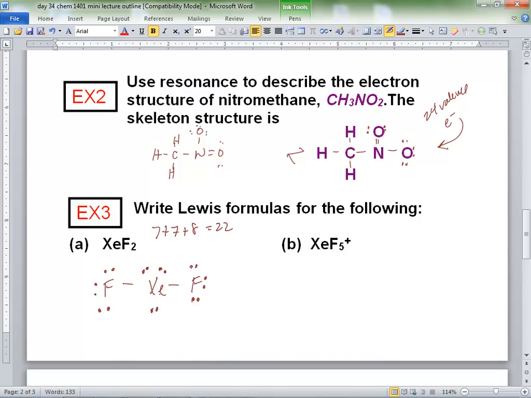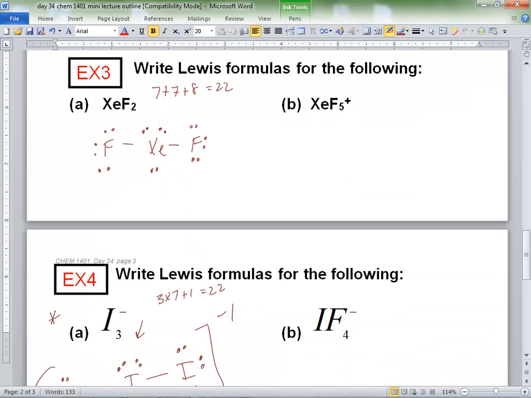And then what do you do? Like in A, did we have to give to the middle, or did you already give to the middle? If I make octets on the surrounding atoms, that's 8 and 8 is 16, 18, 20, 22.